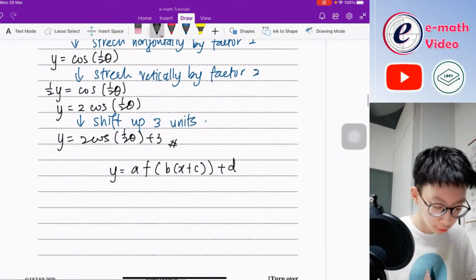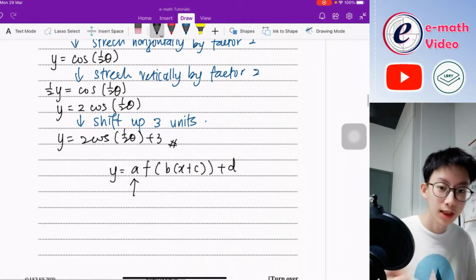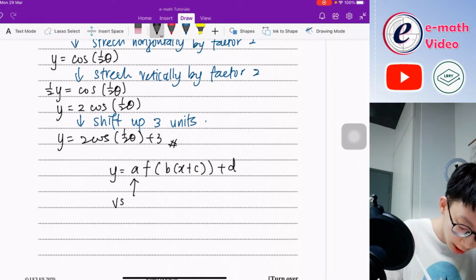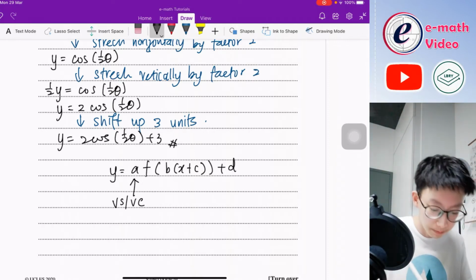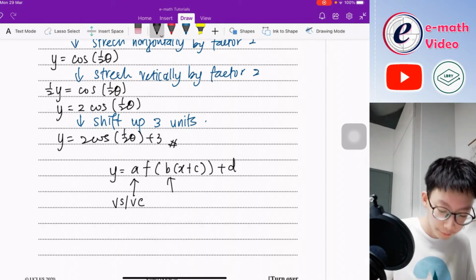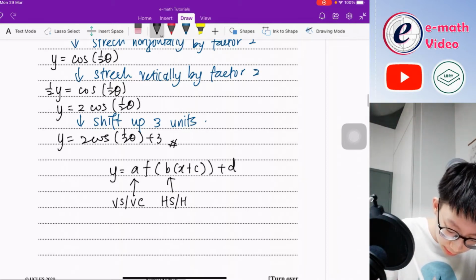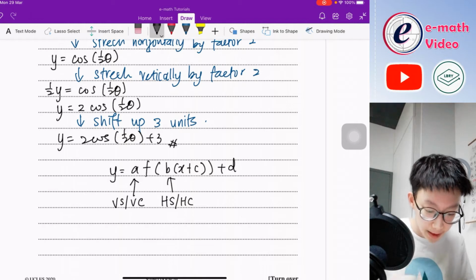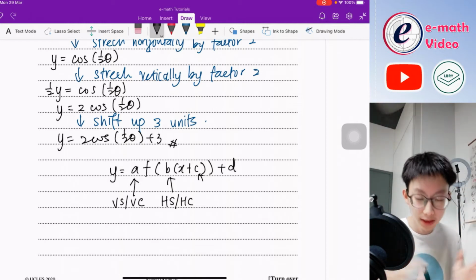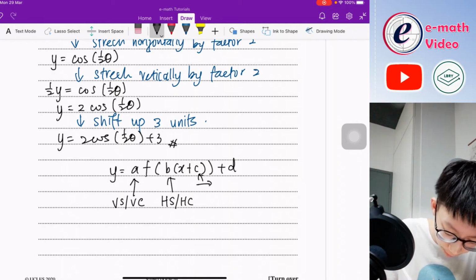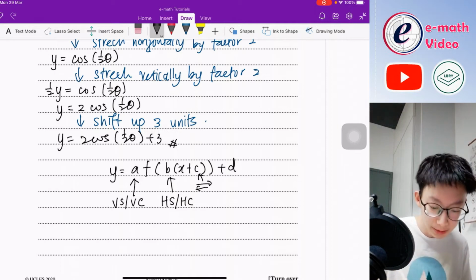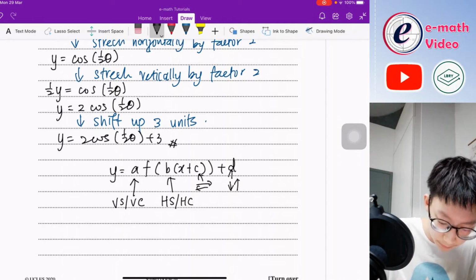I will just go through very quickly. Your a is in charge of vertical stretch or vertical compress. Then b is in charge of horizontal stretch or horizontal compress. Then your c is shifting left or right. Then your d is in charge of shifting up or down.